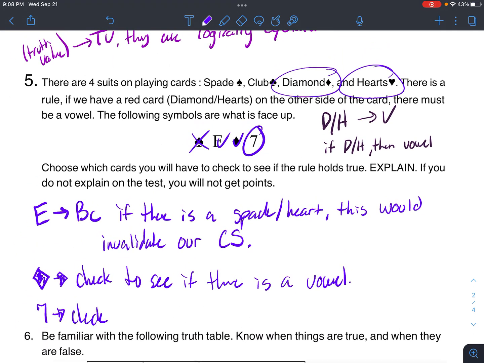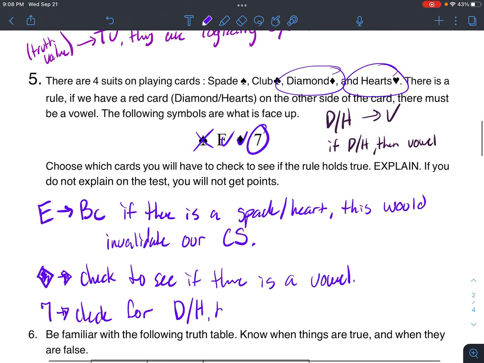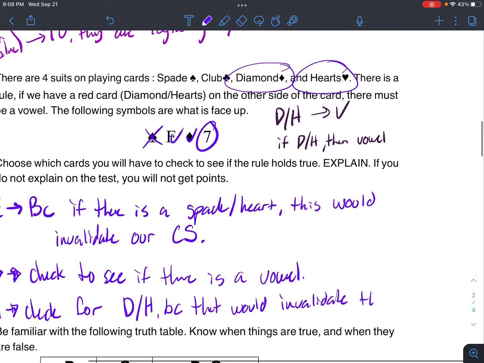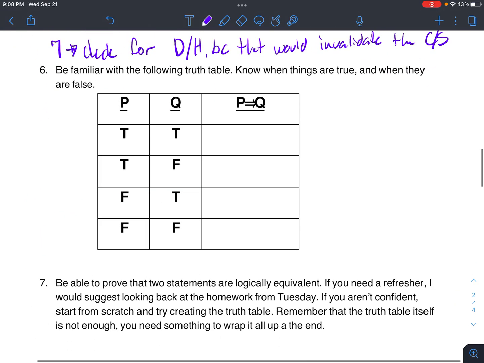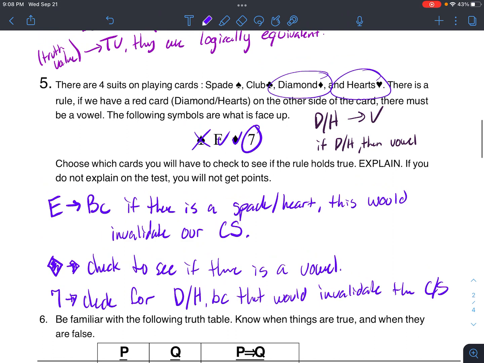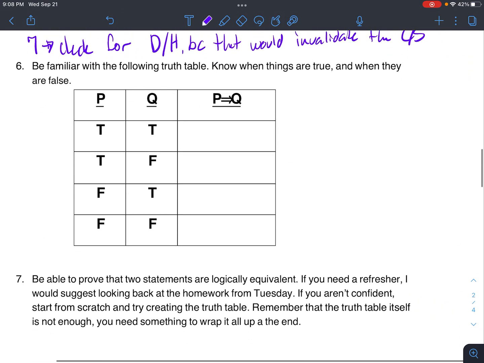So we need to check for diamond/heart, because that would invalidate the conditional statement. Okay? Very good. So that is all we have to do for this. We have to check the E, the diamond, and the 7. We don't have to check the spade.